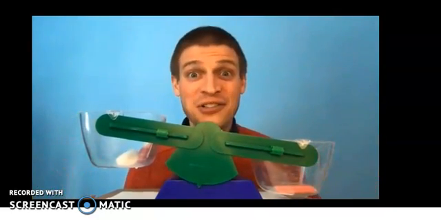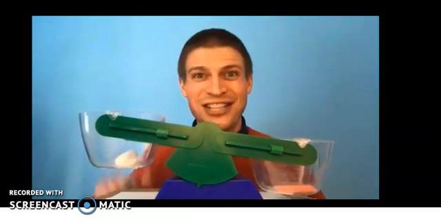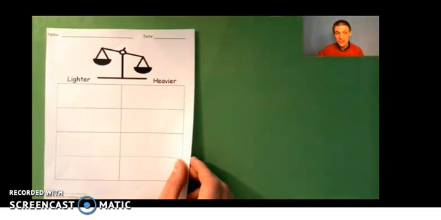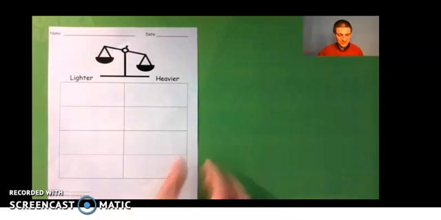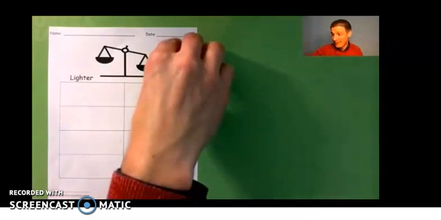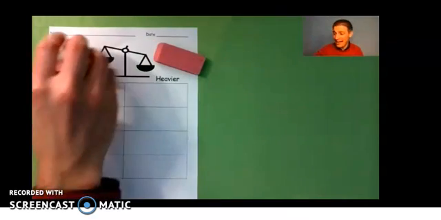Awesome. Let's enter this on our recording sheet. Take out your lighter or heavier recording sheet and make sure you have a pencil. We compared the weight of an eraser and a cotton ball.